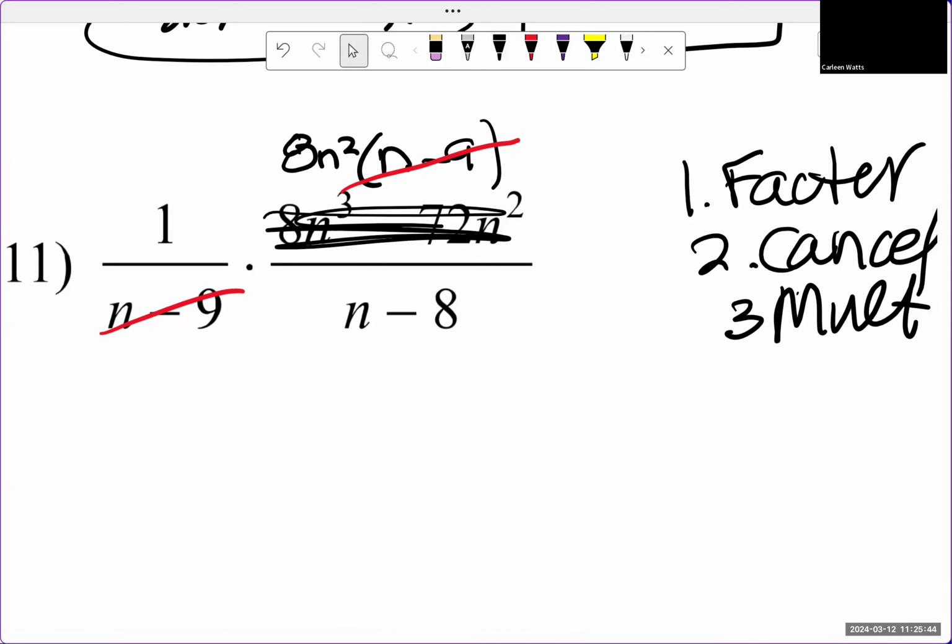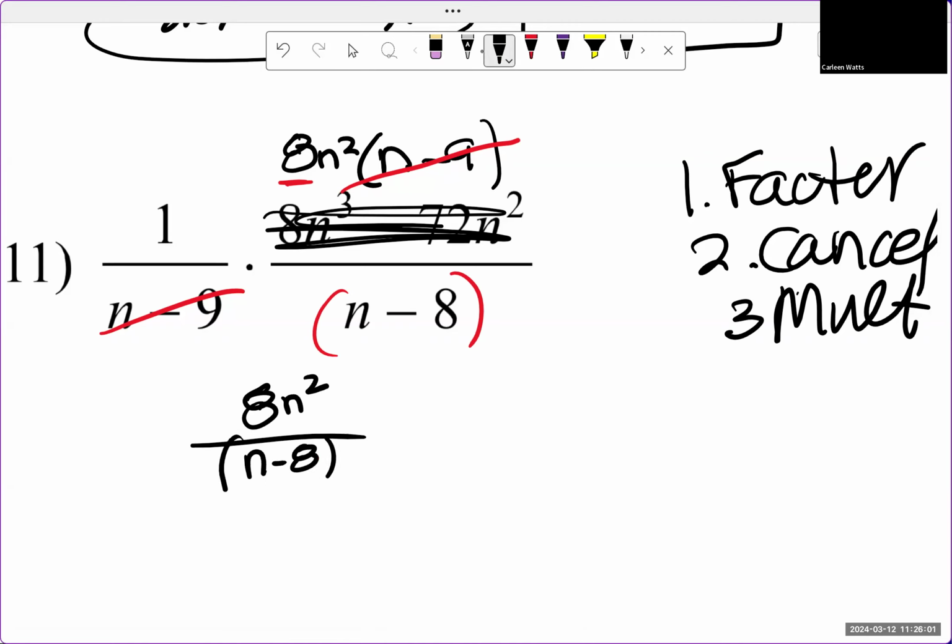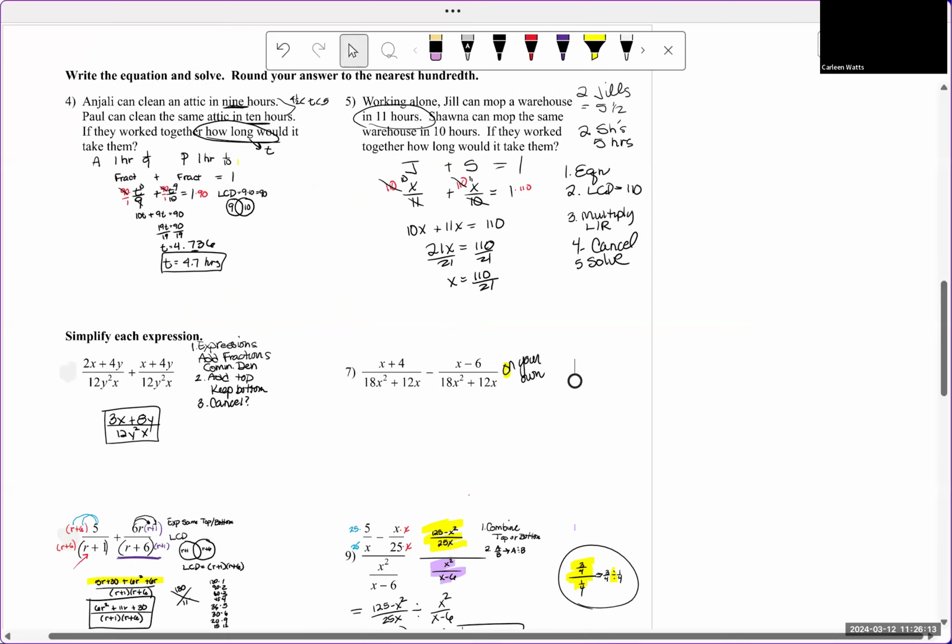Oh, look how tempting that 8 is. Can I cancel a single 8 with a BFF 8? No. So we have 8n squared over n minus 8. That's a BFF 8 because they're separated by a minus. The 8 on top is just separated by times.